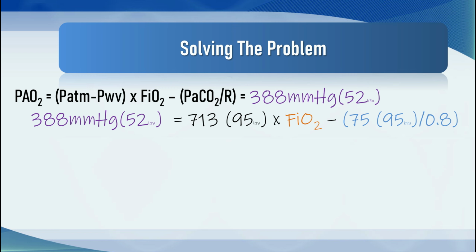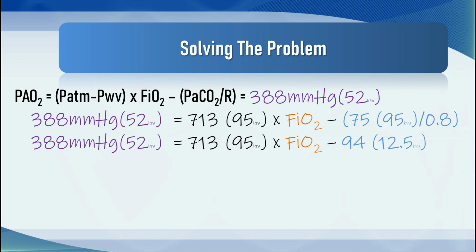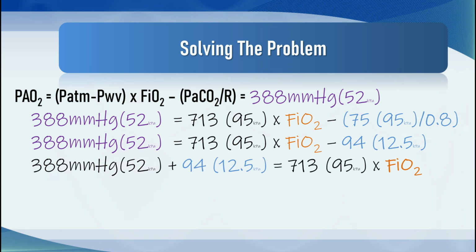That is to be subtracted from the alveolar oxygen tension. We can solve the CO2 component to 94 or 12.5. And now we can rearrange everything to put that CO2 on the other side of the equation. So we have 388 plus 94, and that equals 713, that's the atmospheric pressure minus the water vapor pressure, multiplied by the FiO2.